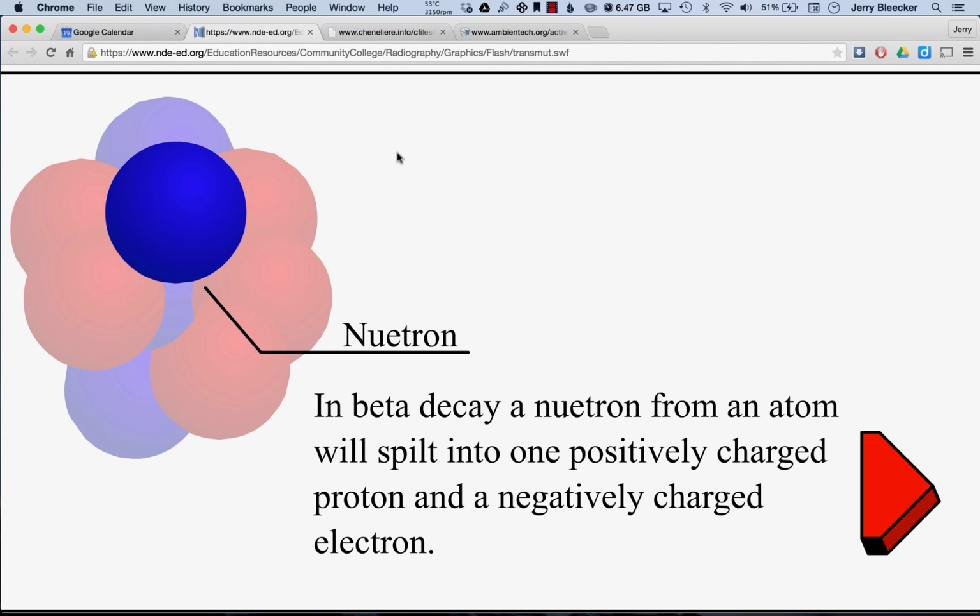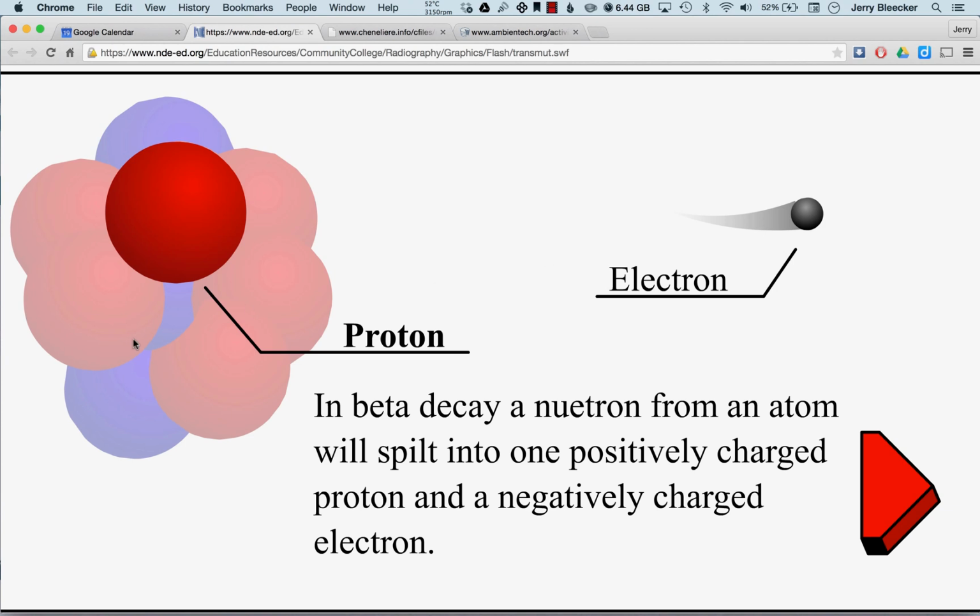Now, it's kind of interesting because when you think about neutrons and protons, they have about the same mass, right? They're one atomic mass unit. Well, when a neutron switches to a proton, it emits a high energy electron, and that goes flying out of the nucleus. Now, you have to stop and think very carefully about what happened here, because if you gain a proton, you become the next element to your right.